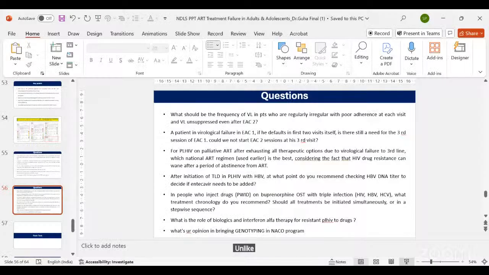And in people who inject drugs on buprenorphine OST and triple infection, what treatment chronology do you recommend? Should all treatments be initiated simultaneously or in a stepwise sequence? A very good question and a practicable question as well.